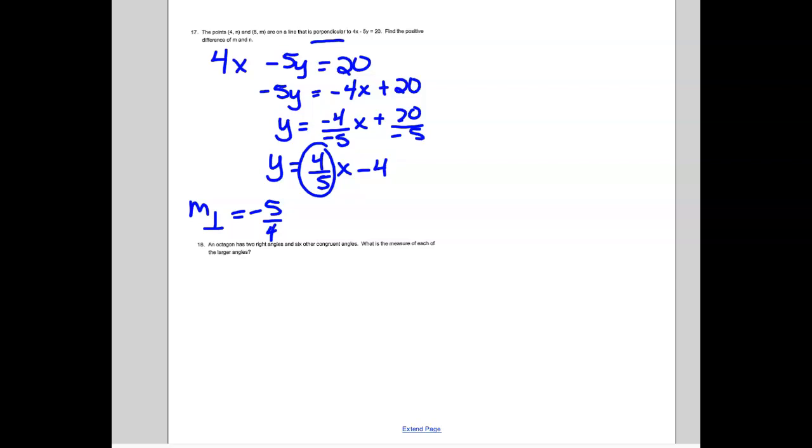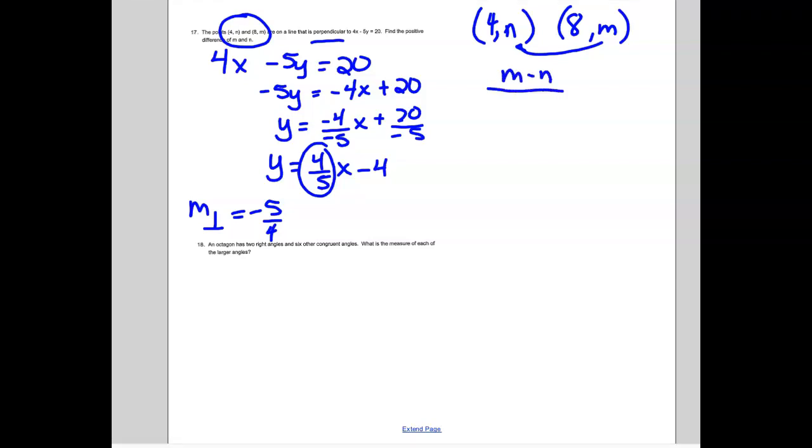All right, so let's compare our points here. We have the point 4n and the point 8m. And we know that they're on a line that has a slope of negative 5/4. So if we do our slope formula, change in y over change in x, so m minus n compared to 8 minus 4, that slope should be negative 5/4.